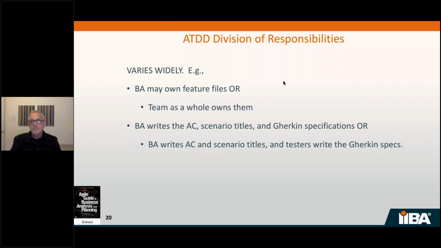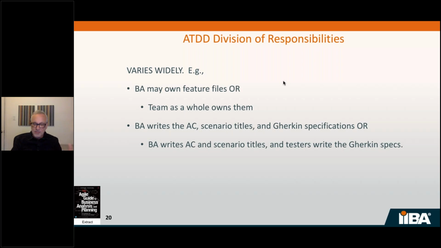You also might find that when you get down to the details of who does what, very often you might find the BA writing the acceptance criteria, including scenario titles, which are a textual version of the scenarios in totally free-form text, as well as the Gherkin specifications that are written in that much tighter style: given, when, then. Alternatively, you might be working in an organization where you just write the free-form stuff as a business analyst, so the acceptance criteria and these scenario titles that are free-form.